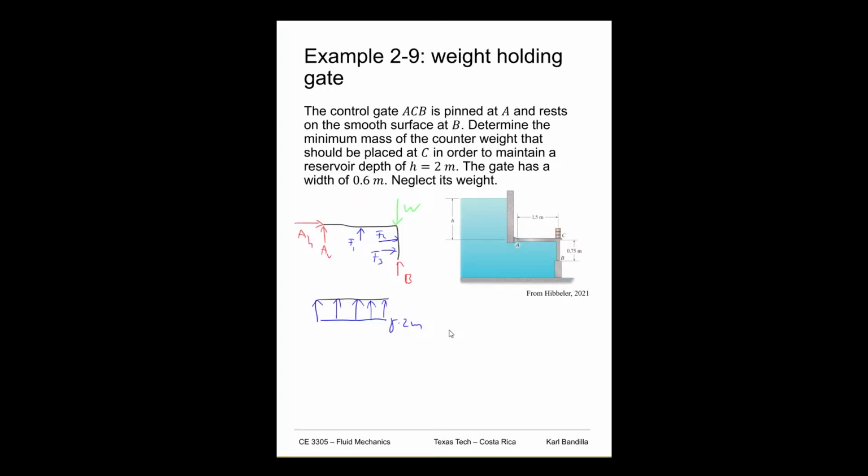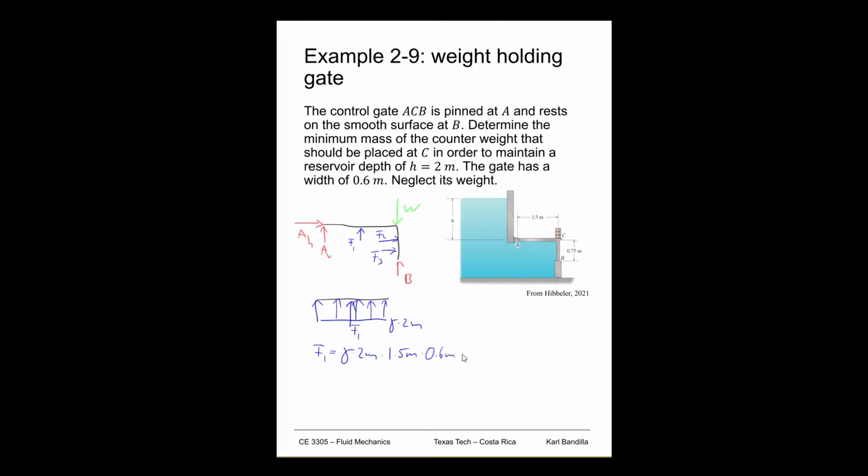And well, let's just directly figure out what the force has to be. So we'll have our resultant force somewhere in the middle here. That'll be F1. So we can say F1 is equal to, well, we know the pressure is gamma times 2 meters, and we know that the width here is 1.5 meters, and then we know that the gate in total is 0.6 meters.